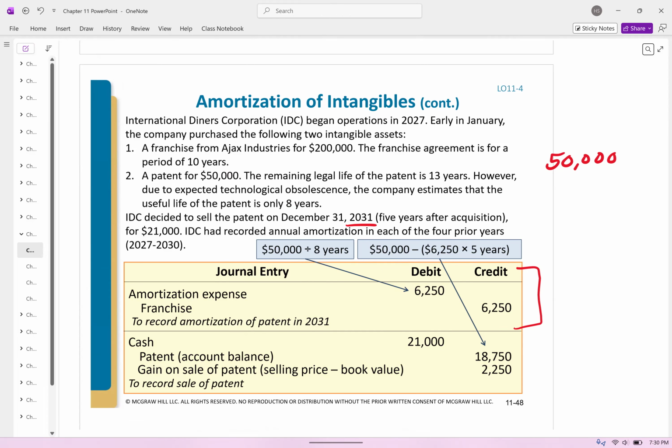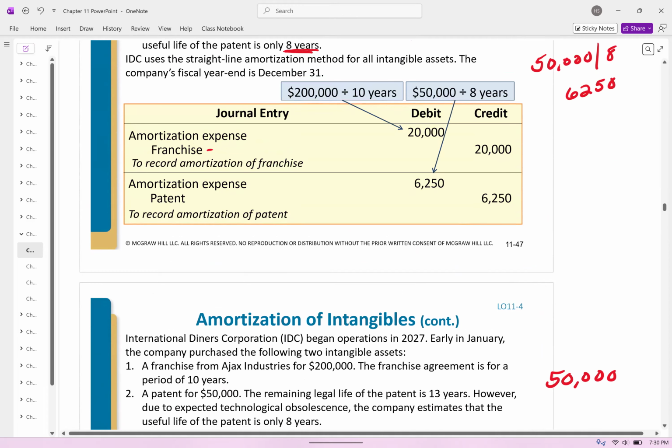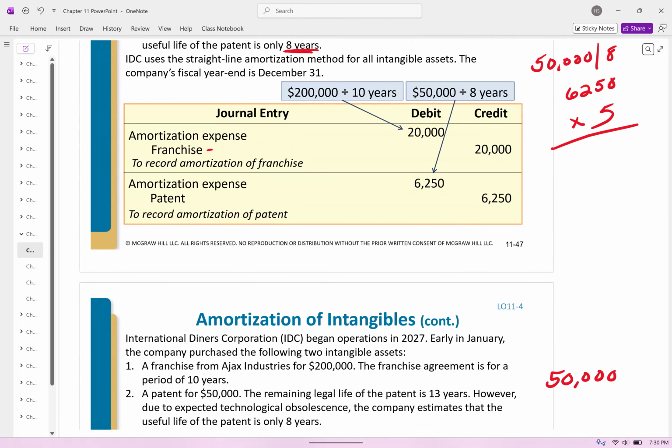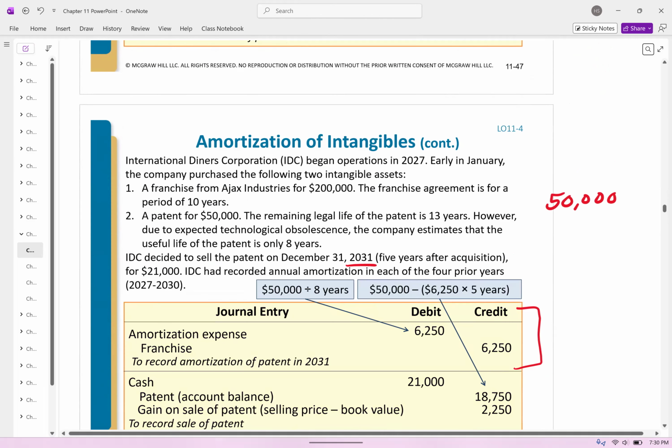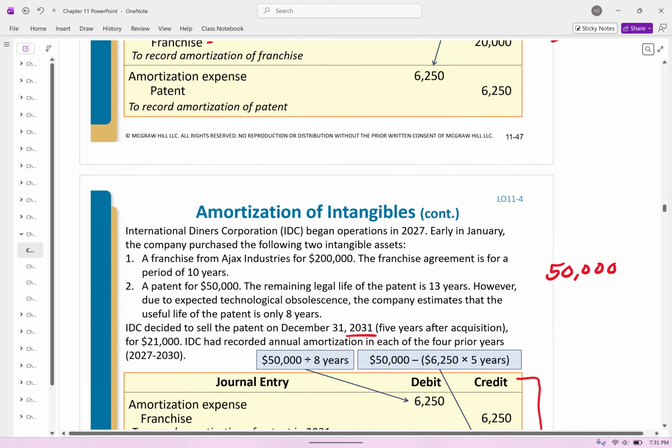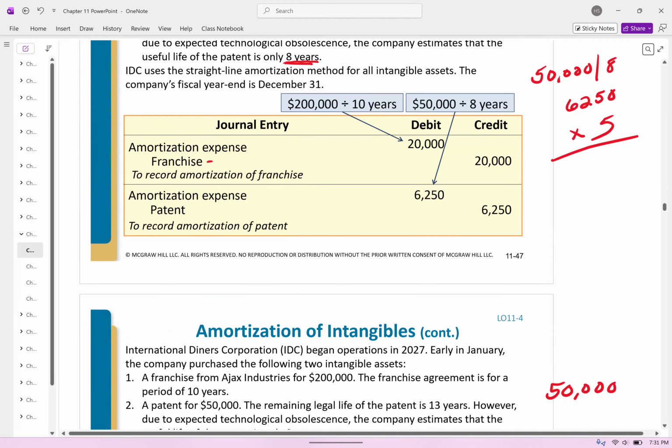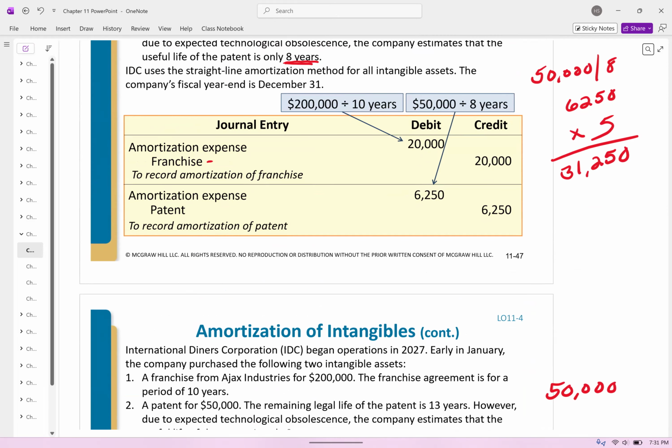Okay, so kind of come back up here. That was the patent. The 6250 multiplied times 5 means they have expensed or amortized $31,250.